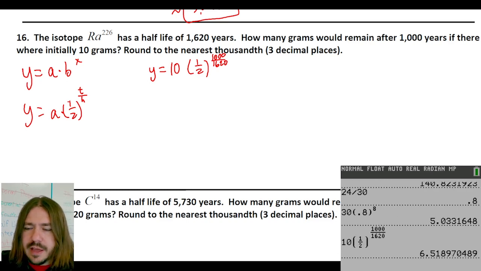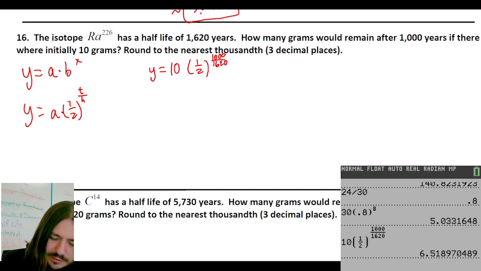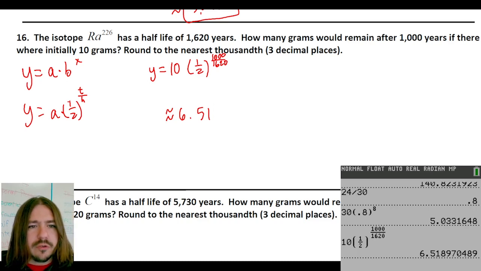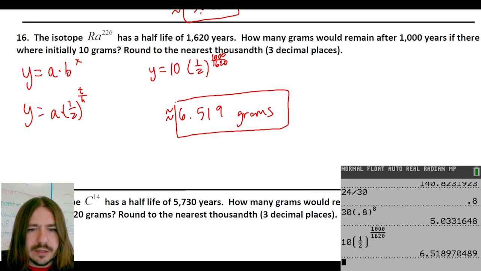So yeah, we get about 6.5 grams. So approximately 6.51, it says rounded to the nearest thousandth. The next decimal is a 9, so we're going to round up to 6.59 grams. So there's number 16.